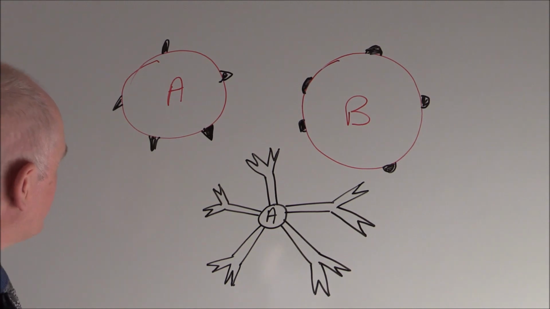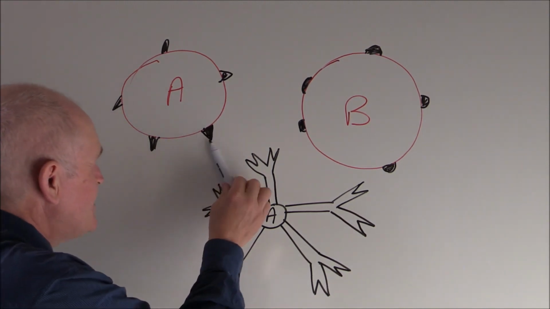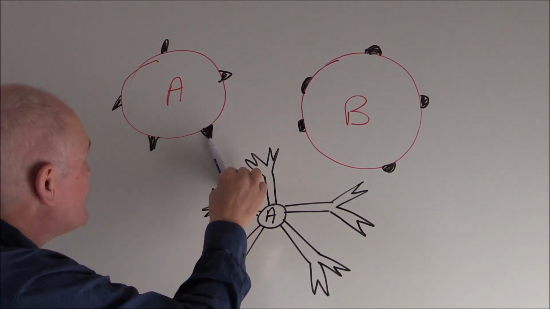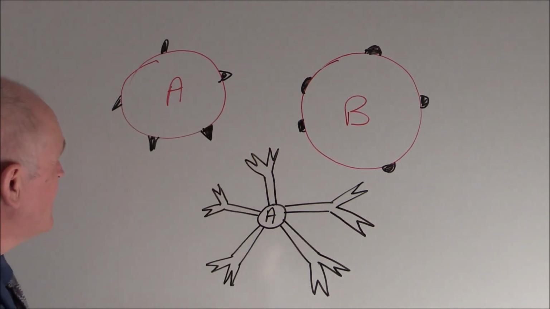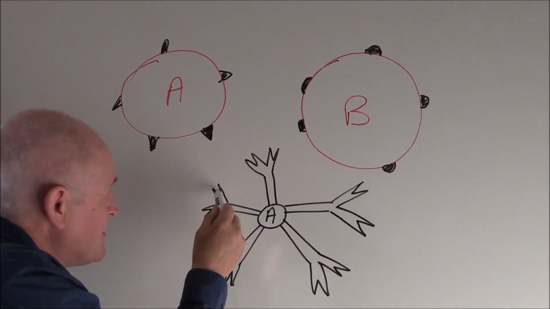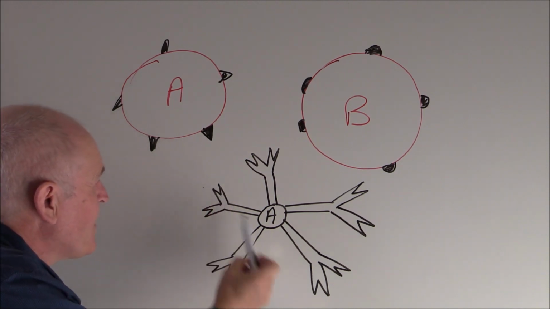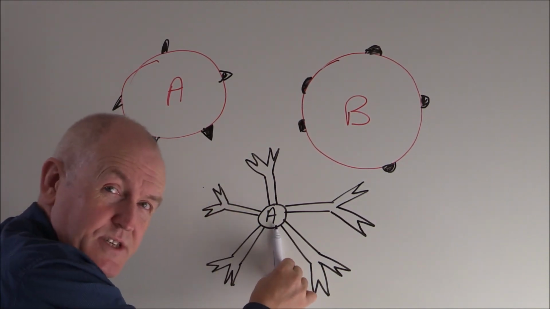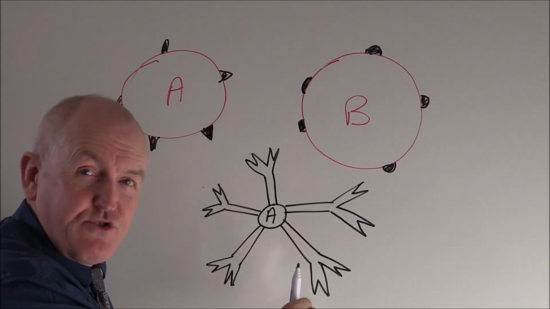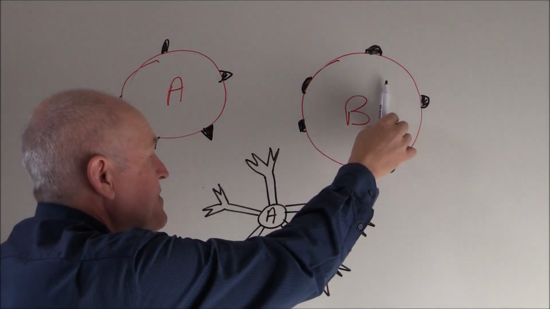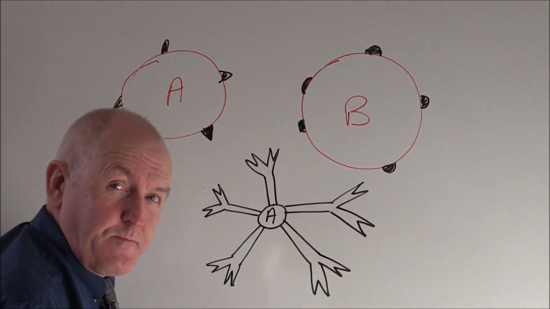Now, what we notice is that these antigens on the surface of the A red cell are just the right shape to fit into the receptor sites of these A antibodies, which are naturally occurring in group B blood.